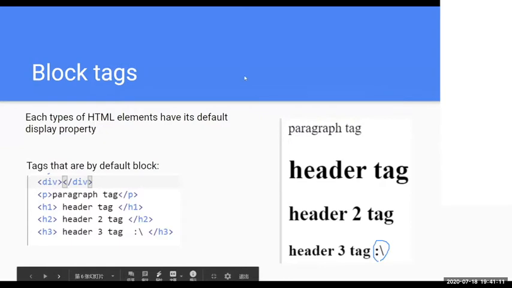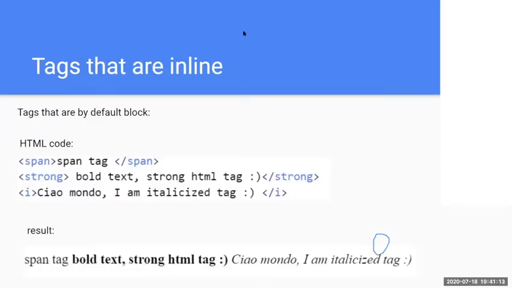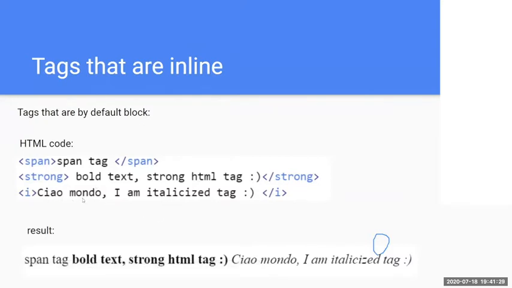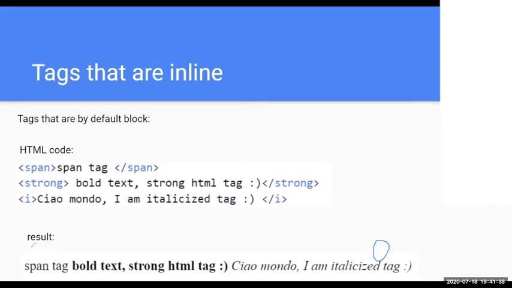All right, next slide. We have some tags that are by default inline, and those are span, strong, the bold tag, strong HTML tag, and the italicized tag, I, which I am italicized tag. I don't really know how to pronounce Italian. And the effect is apparently very different.